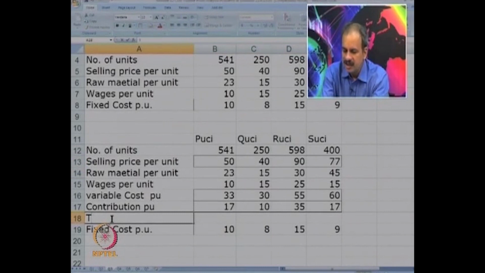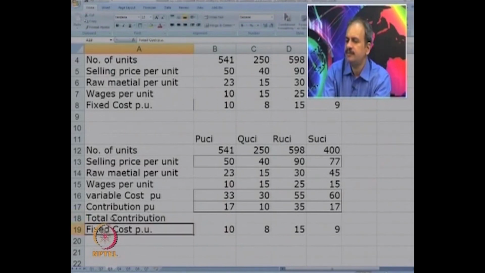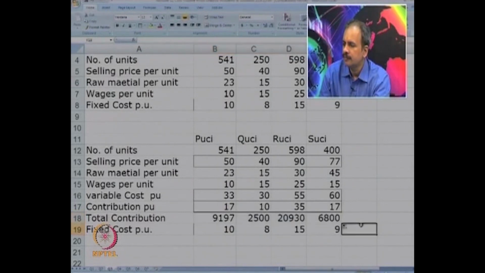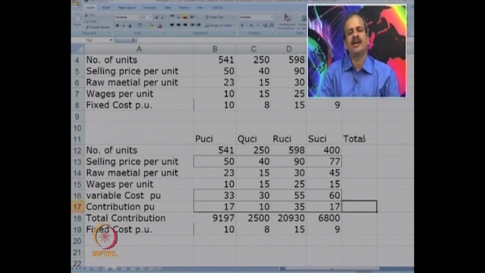Now this will help us to calculate the total contribution. So 9197 from PUC, then 2500 from QC and so on.